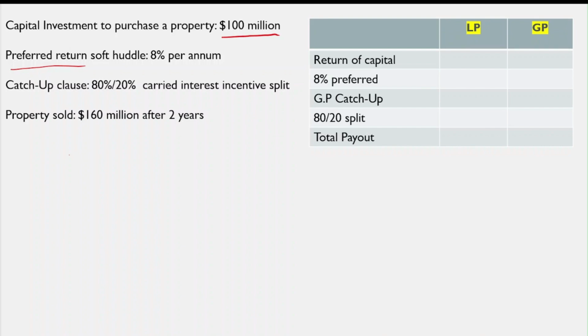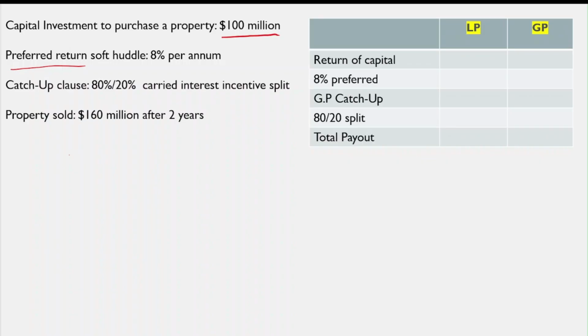If we calculate a return, this is going to be a non-cumulative return. So you can punch in 100 million present value negative, then 160 million future value, number of years equals 2, and then we can solve for I, which is going to be approximately 27%.